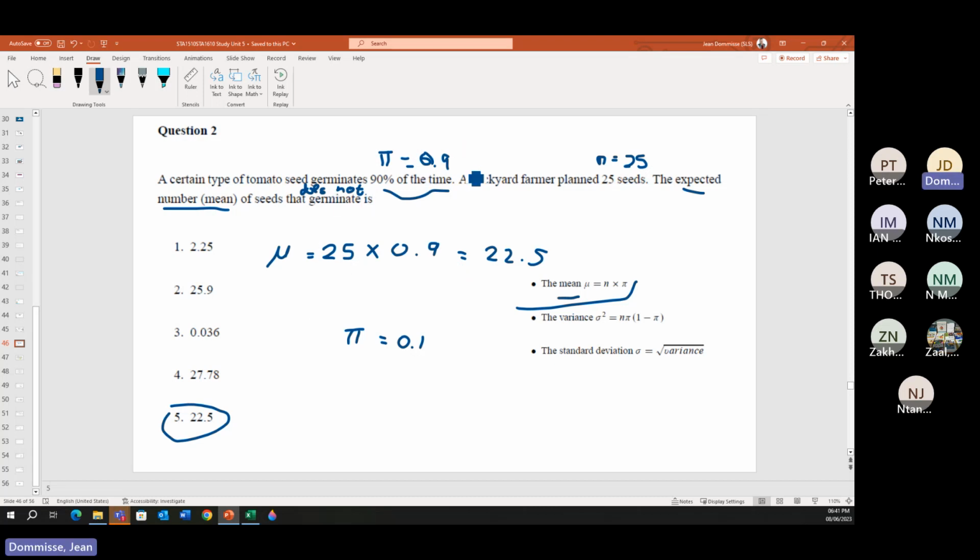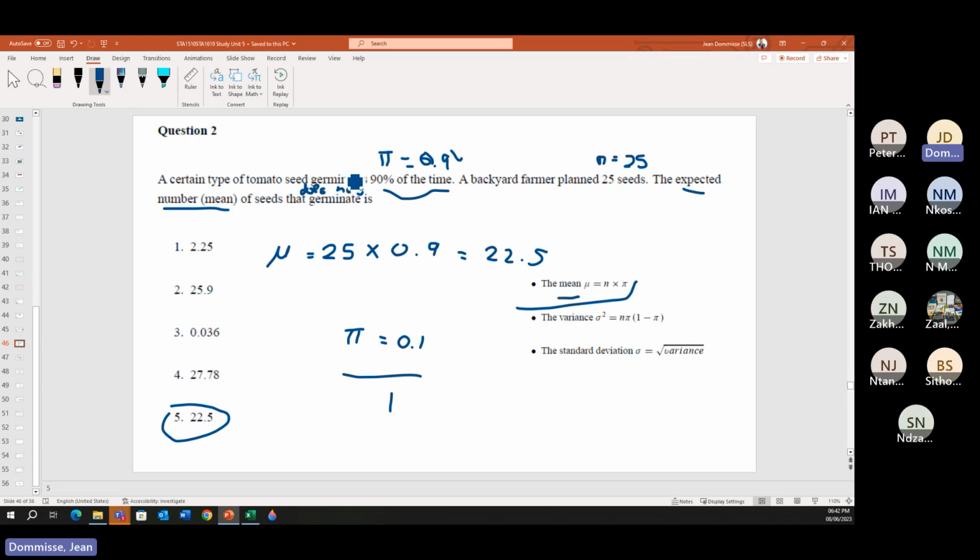So, and Peter, it comes again down to what you asked at the beginning. So if it germinates 0.9, but not germinate, if I add the two together, it needs to give me 1 again. Okay, so think about it also as in the heads and tails. So if a coin was not equal, and we said it will get us 0.9 times heads, then the other one, the 0.1, will be tails.